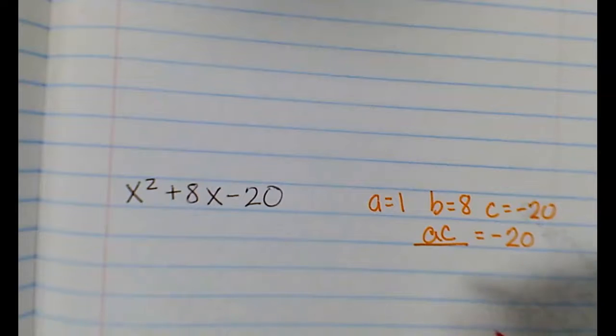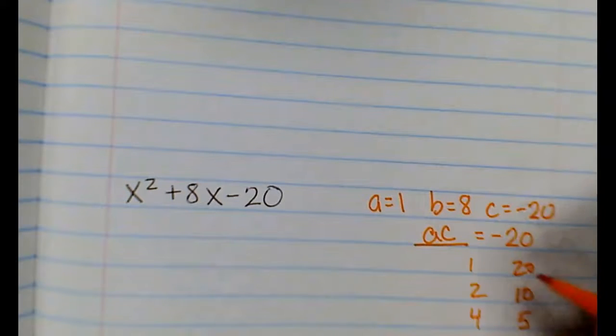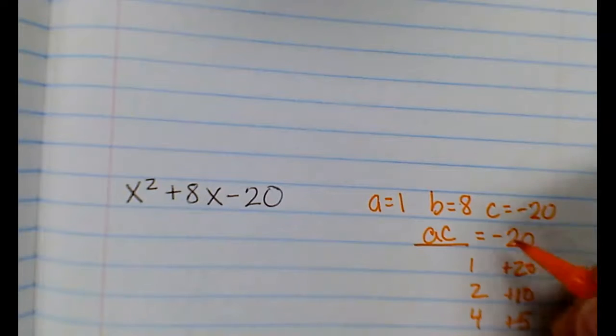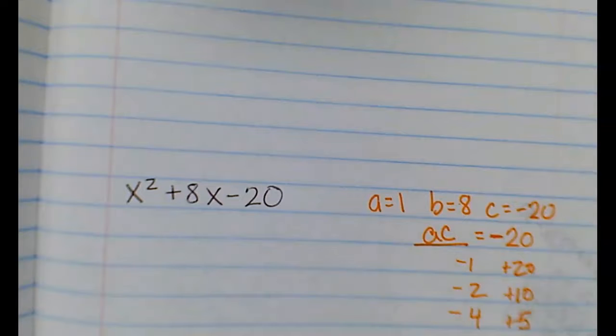The factors of negative 20 are 1 and 20, 2 and 10, and 4 and 5. If B is positive, the biggest number is positive. The biggest number is always going to have the same sign as the B. If this is negative, they have to be opposites.